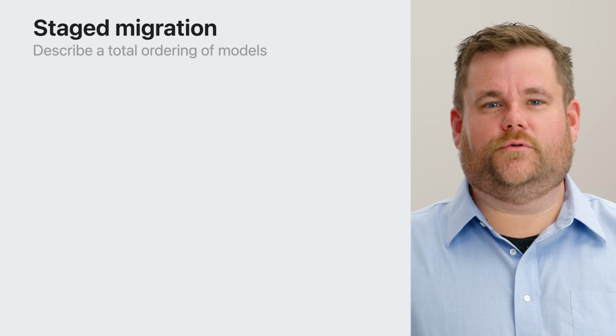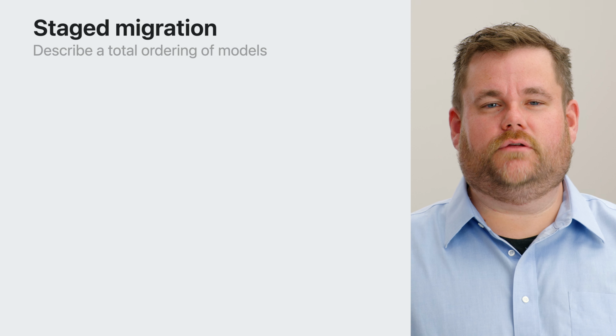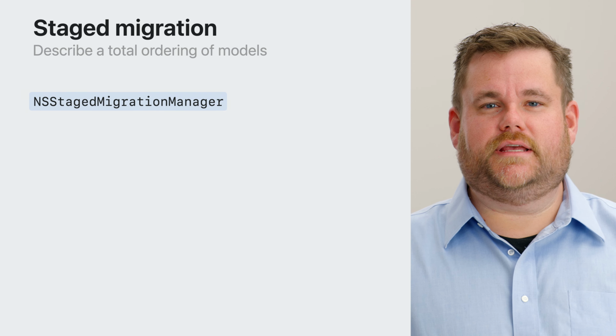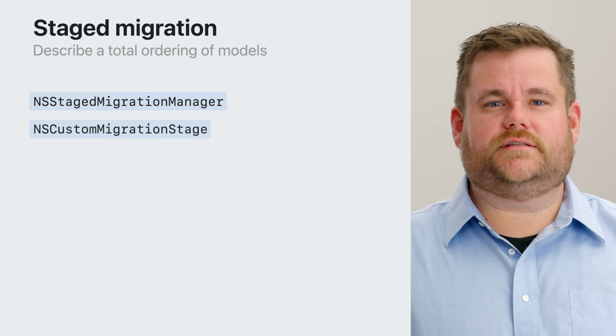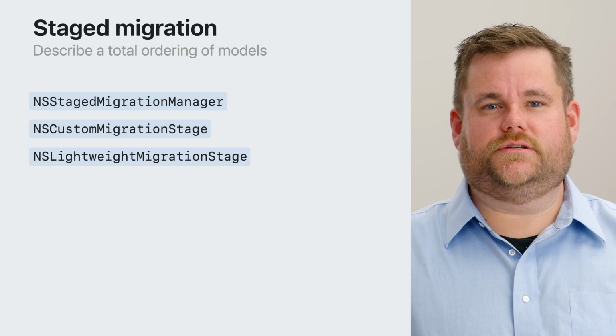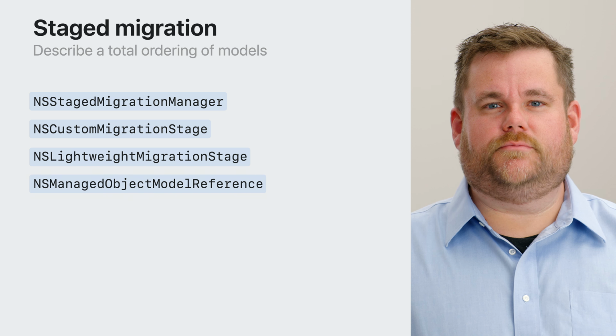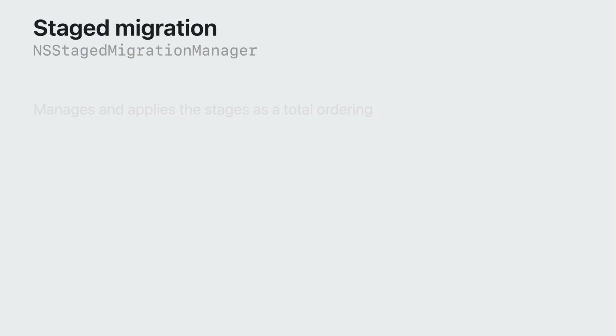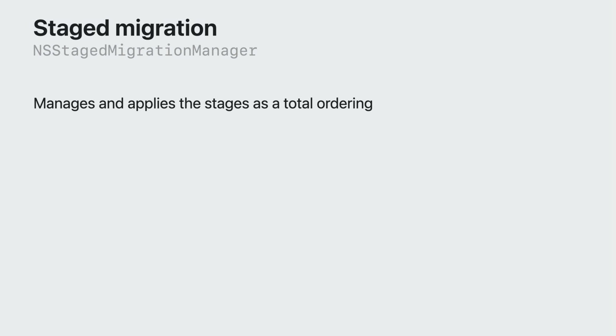To describe a total ordering of models, the Core Data framework level support consists of the following classes: NSStagedMigrationManager, NSCustomMigrationStage, NSLightweightMigrationStage, and NSManagedObjectModelReference. The NSStagedMigrationManager class encapsulates a total ordering of NSCustomMigrationStages and the supplementary NSLightweightMigrationStages that is described by you.